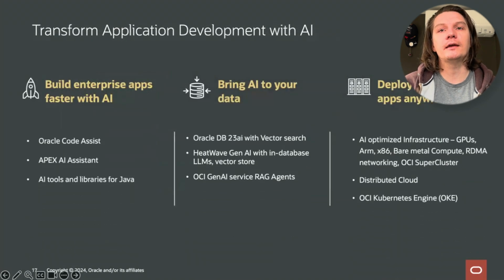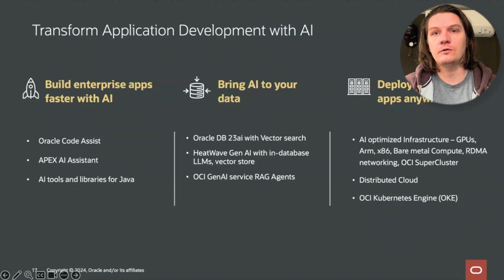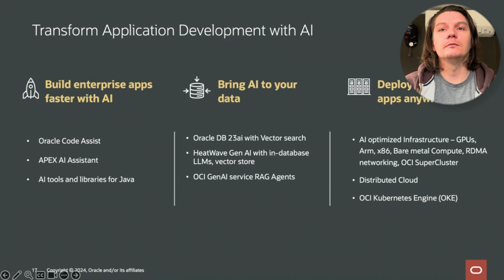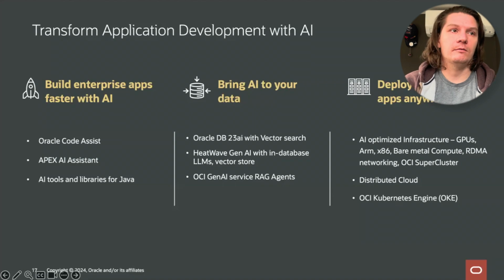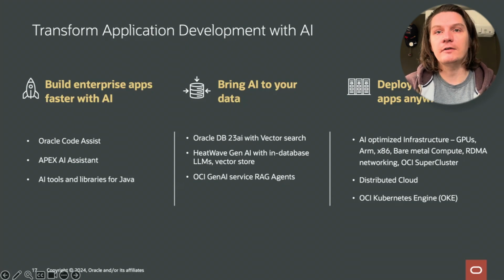But like I said, we're looking at how we can transform application development with AI. There are many things like the Code Assist that we also have in our bag. We're looking at APEX, which is our low-code environment, and how we can embed the AI assistant in there. We're looking at different things with regards to Java as well, and tools and libraries. We're releasing various capabilities that help you bring AI to your data, particularly with our Oracle Database 23ai, with vector search and all the capabilities that we're doing there.